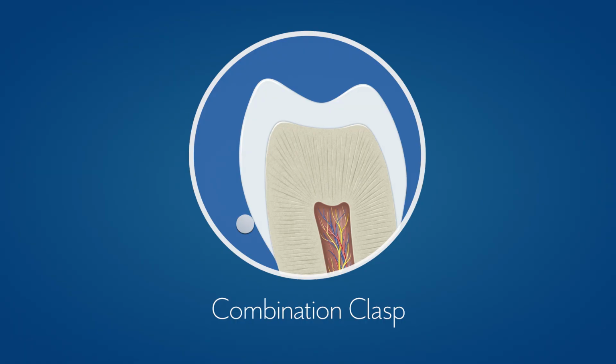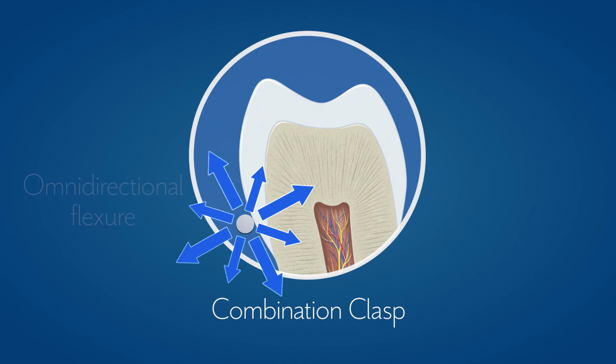Therefore, the retentive arm functions like a wire or dowel, enabling flexure in a horizontal direction, but also in a vertical direction, and all directions in between. The omnidirectional flexure allows the clasp arm not only to flex away from the tooth, but also dwell in the undercut and act as a shock absorber.